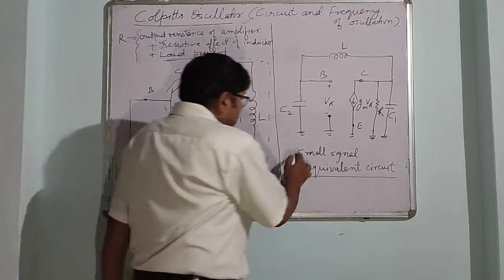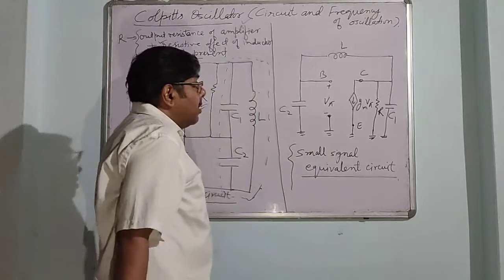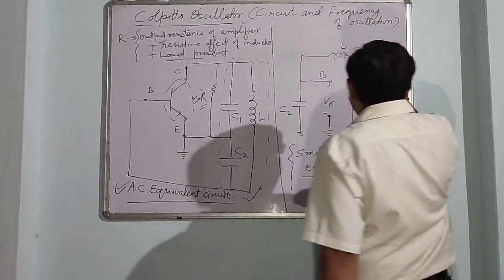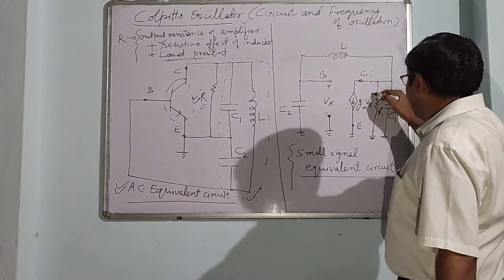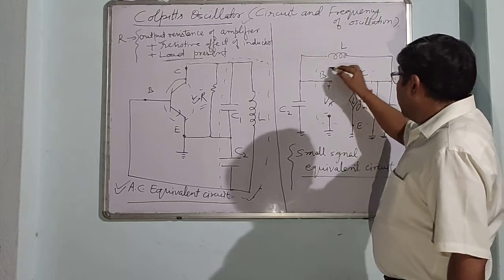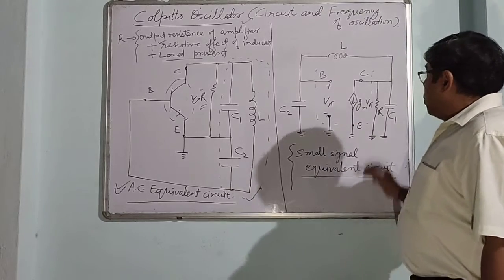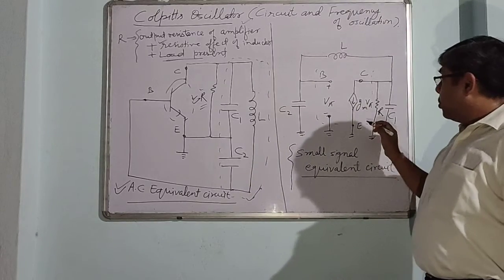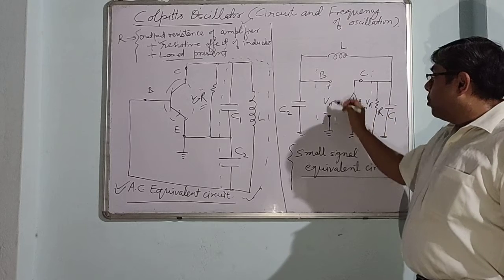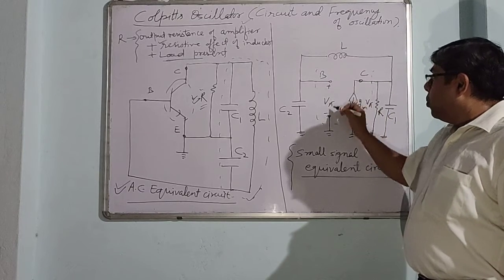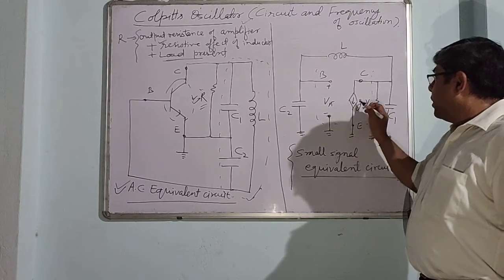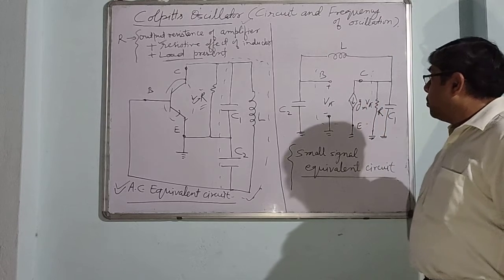And for a small signal equivalent circuit we can draw the model of transistor. So this is the model. Input resistance is high, so that's why this is open. So this is a dependent current source which depends on the input voltage. Input voltage is V pi, and this current depends upon this input voltage.